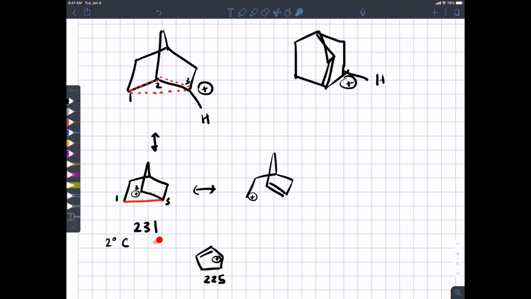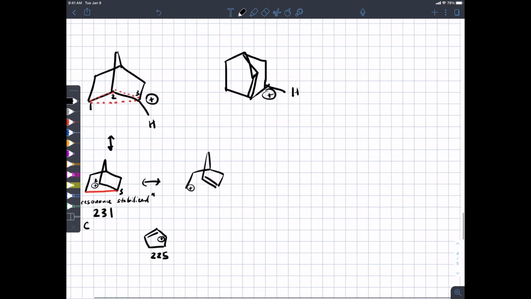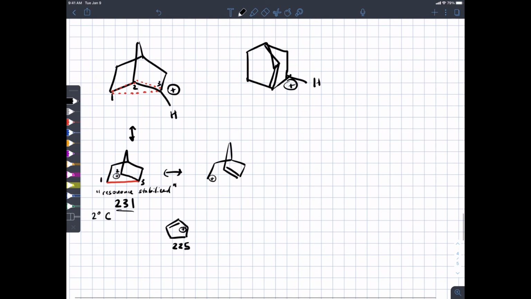So this certainly falls into what you would expect for a pseudo-resonance stabilized carbocation. And what that tells you is that, based on the hydride affinity data, if Norbornyl carbocation looks like it's resonance stabilized, probably the carbonium ion is the right structure.